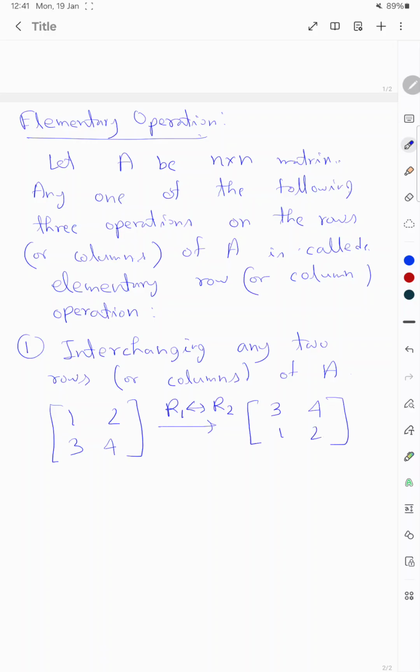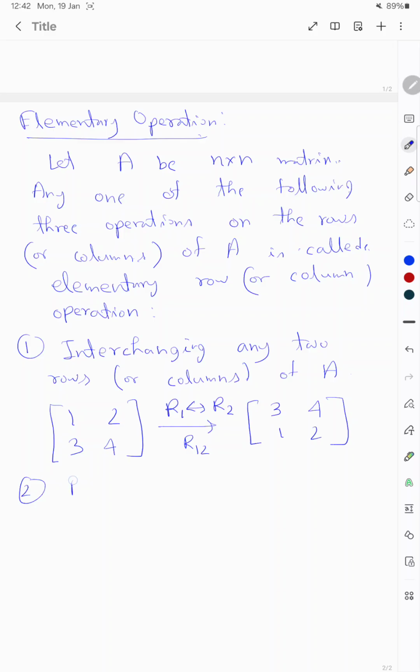Okay, in different books there are different notations. This type of notation sometimes is written like this, or sometimes it is written like r12 also. So this is your first row operation. Okay, similarly for column also it may happen, then your columns will exchange.